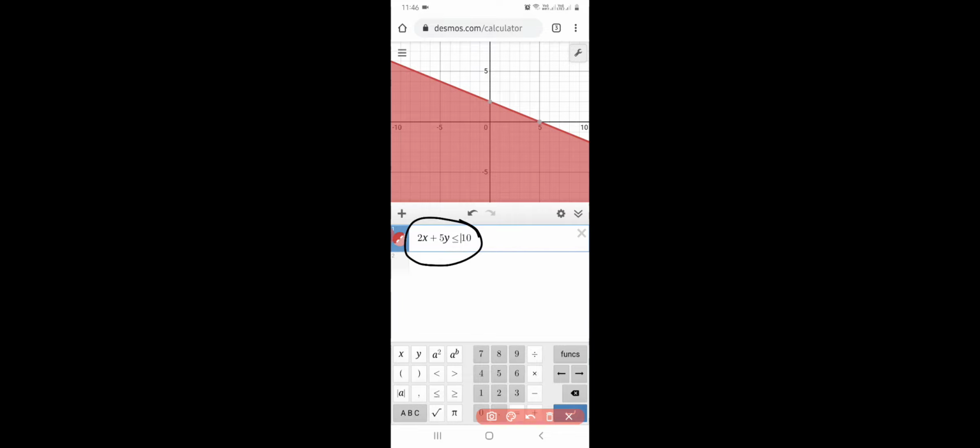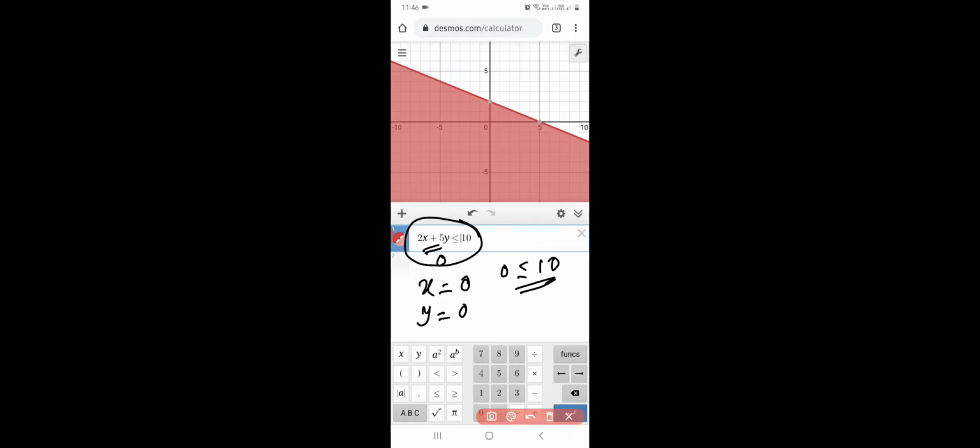Now in place of x and y, let us put x equals 0 and y equals 0. If I put x equals 0, y equals 0, the whole left hand side becomes 0. Now 0 less than or equal to 10 is a valid statement. Obviously 0 is less than or equal to 10.